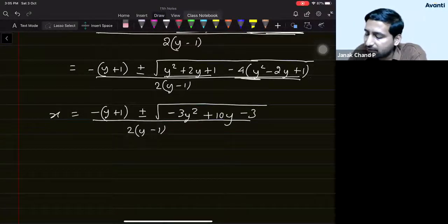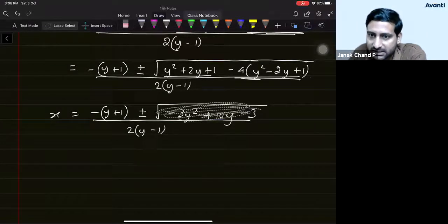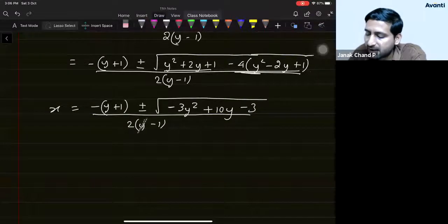See, if this was not there, you would have said that the answer is, I can put every value of y except 1. Because when you put y is equal to 1, you will get something divided by 0, which is not a real number. So if this particular thing was not there, you would have said the answer is, everything from the real numbers I can put here except one value, which is 1.